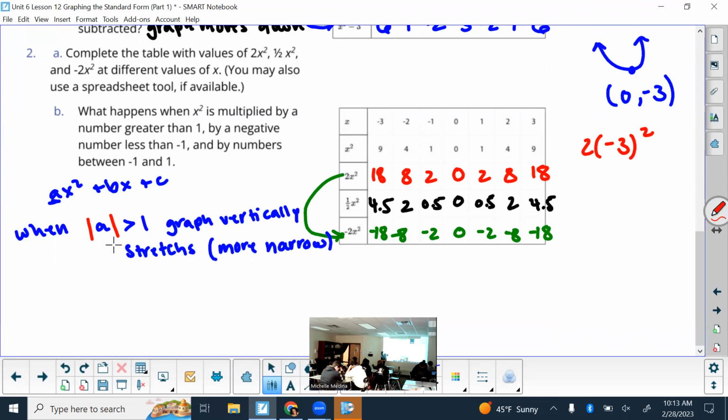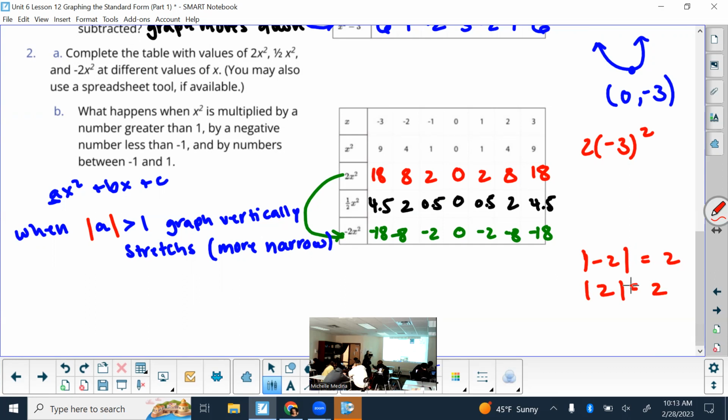Because as you noticed, when it was -2, the graph was still more narrow. All right. Do you remember what absolute value bars do to numbers? Like, what's the absolute value of -2? 2. What's the absolute value of +2?